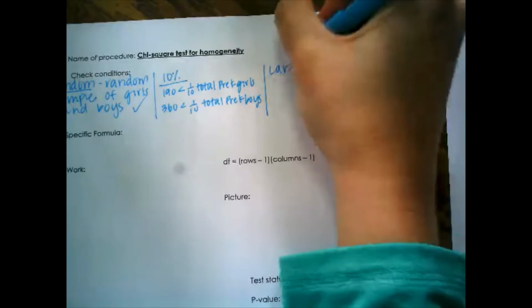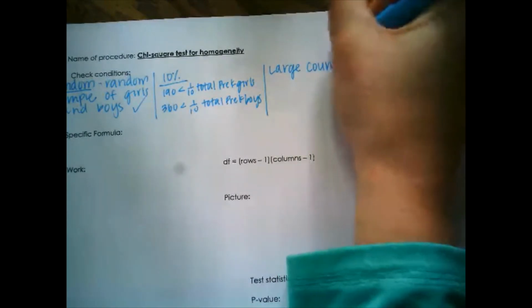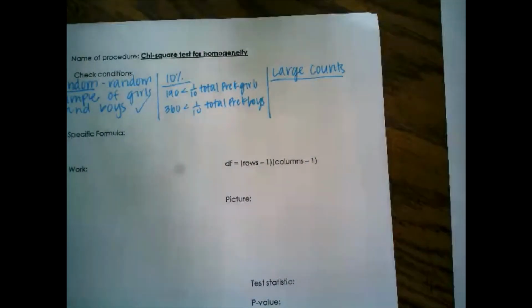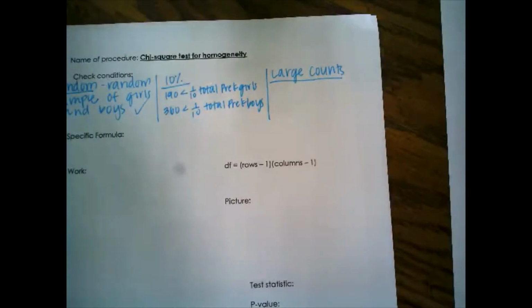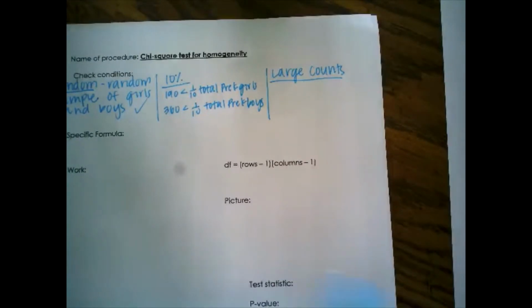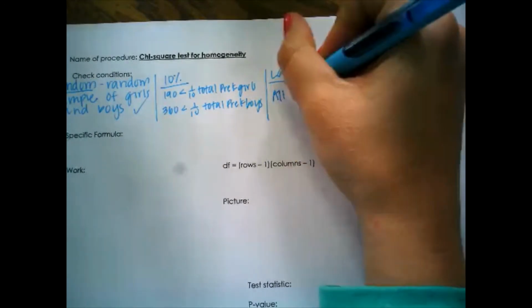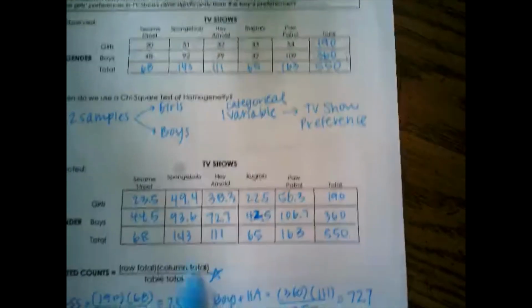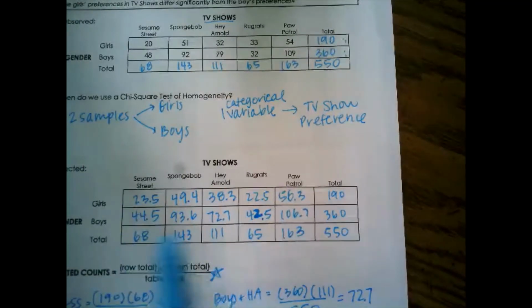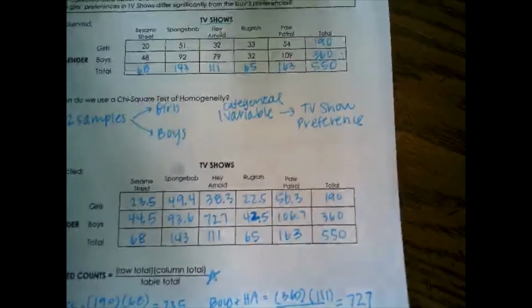And then let's talk about large counts. Remember, with chi-squareds, we don't want to mention anything about normal, because we'll show the picture in a second, but this is not a normal curve. So don't mention normality here, but we still have to talk about large counts. Let's look again at our expected counts here. Were they all greater than 5? Yes, they were.